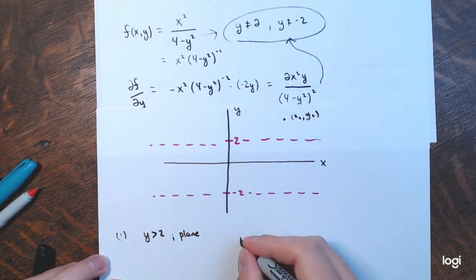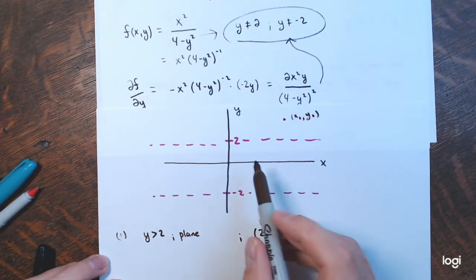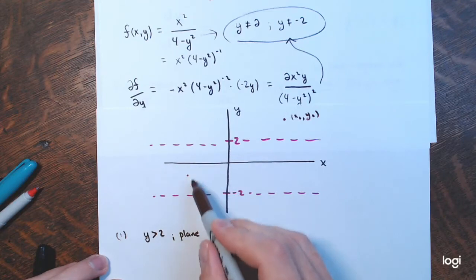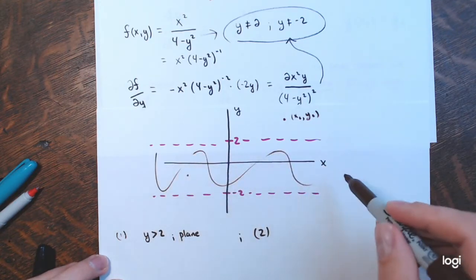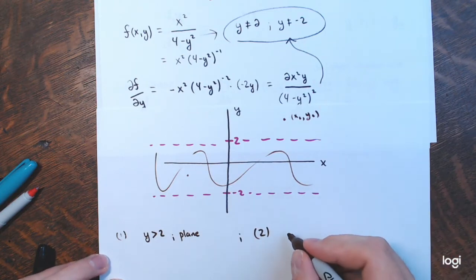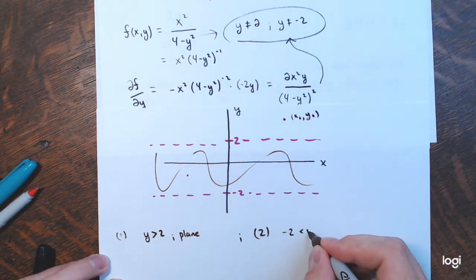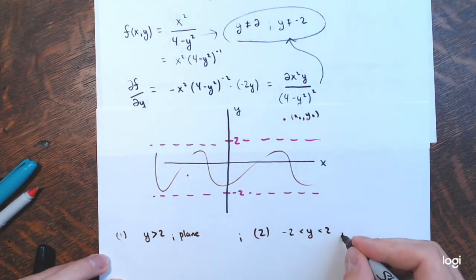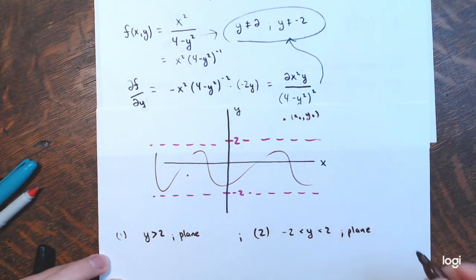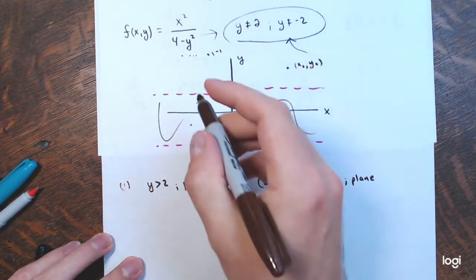Another possibility: what if the point were in this band between negative 2 and 2? Then the region would be the plane between them. If the point were in there, this theorem would guarantee a unique solution running through the point.